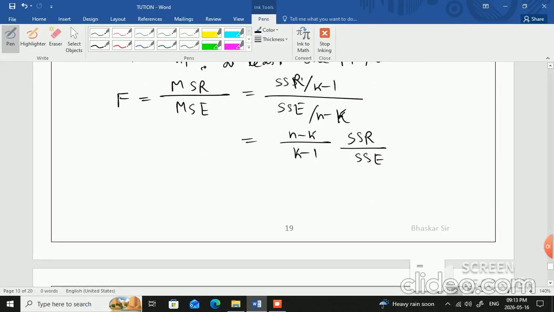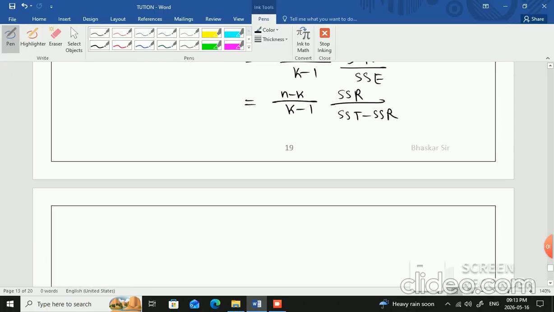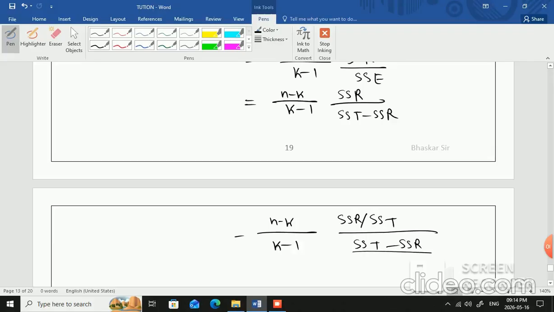That also can write n minus k by k minus 1 SSR, same, but SSE we can write SST minus SSR, dividing denominator and numerator by SST. So we get SSR by SST over SST by SST minus SSR by SST.